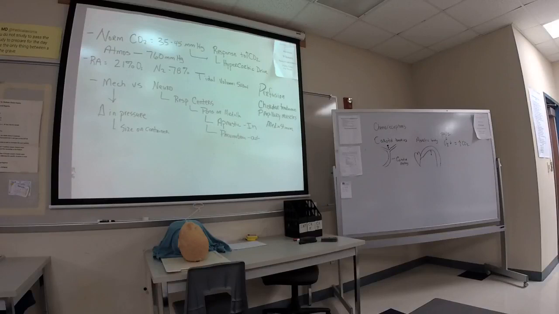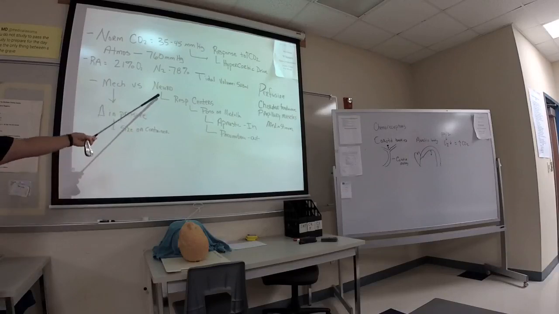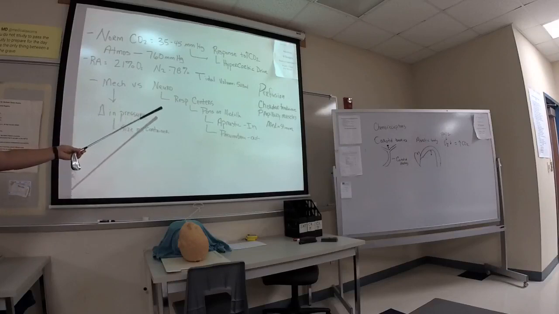We need this response as well, and we'll get into this a lot deeper. I just want you to have the concept for right now that we have a mechanical system dealing with the size of the container, or the thorax, and then we have a neurological part dealing with the respiratory centers on the brainstem, and then working together through the chemoreceptors, we inhale and exhale.